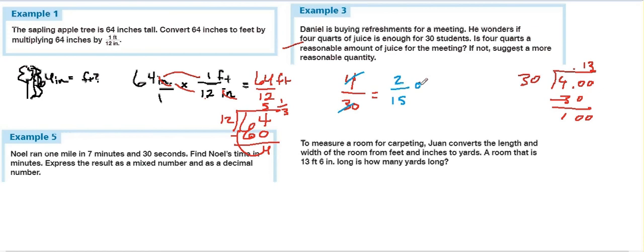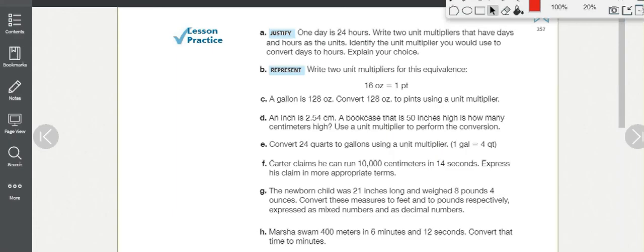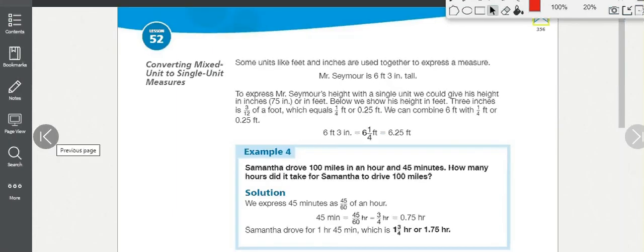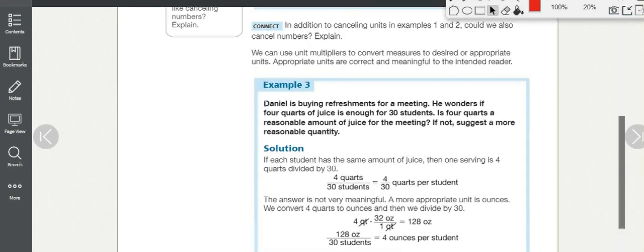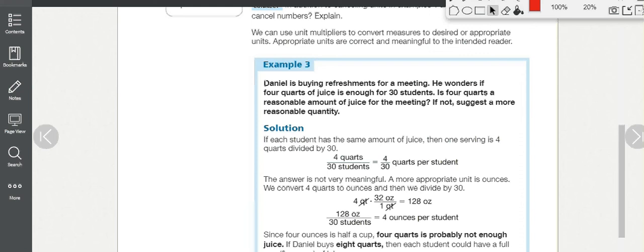Now, since that's not super meaningful, what volume measure would be more meaningful? Well, cups and ounces are useful because we know what a cup is, right? And ounces per quart, I think they've got that on here somewhere. 32 ounces to a quart.